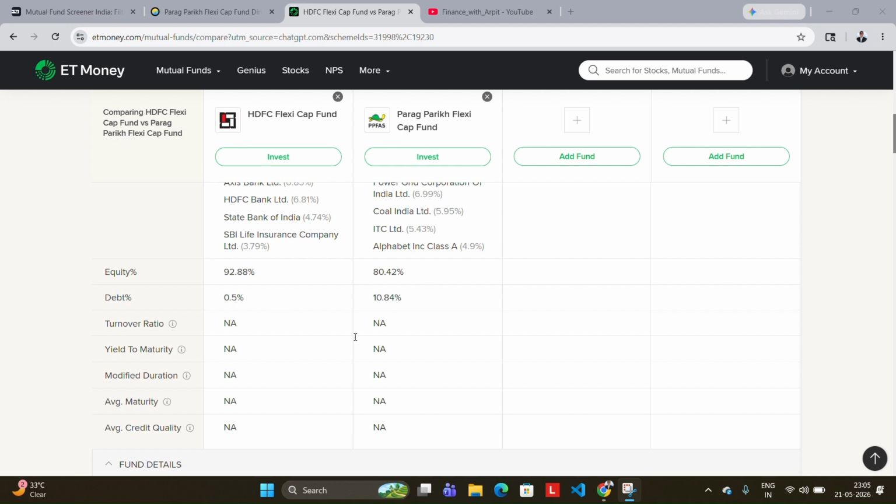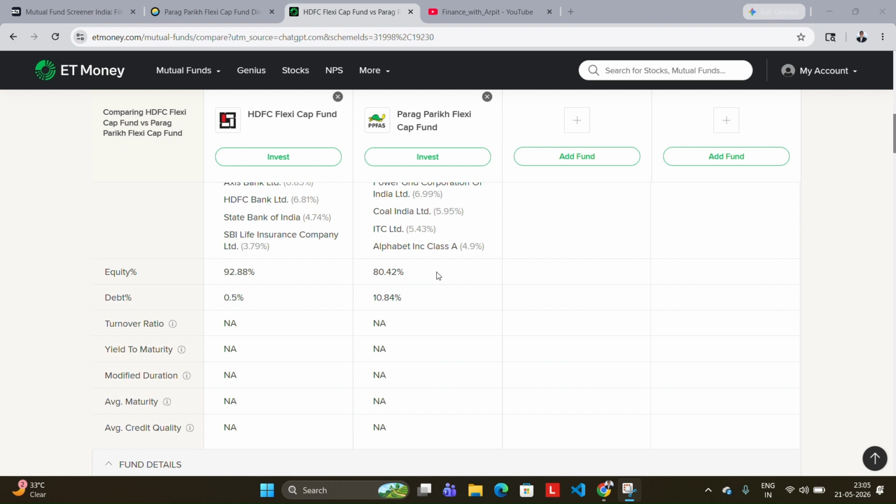While HDFC Flexi Cap Fund focuses mainly on domestic stocks. HDFC has 93% invested in equity currently, while Parag Flexi Cap has only around 80.4%.